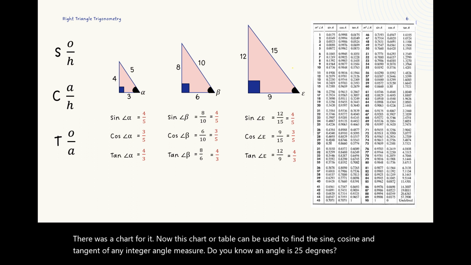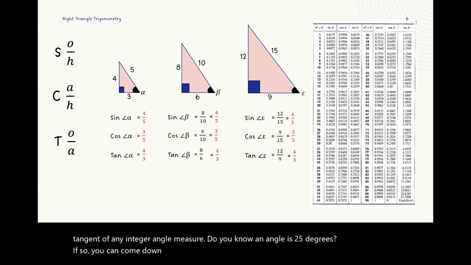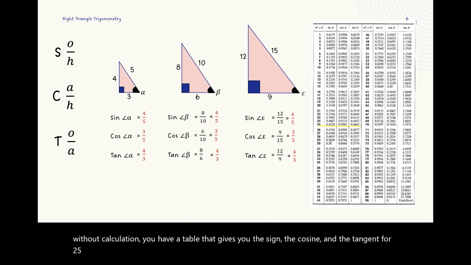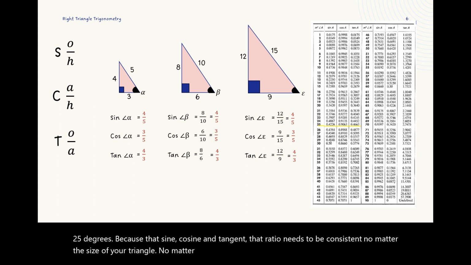If so, you can come down here to 25 degrees and you can follow that across. Without calculation, you have a table that gives you the sine, the cosine, and the tangent for 25 degrees. Because that sine, cosine, and tangent, that ratio, needs to be consistent no matter the size of your triangle, no matter how large or small it is.